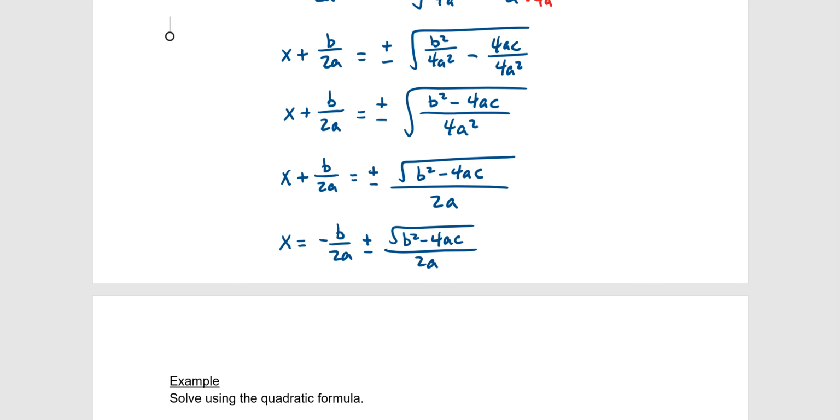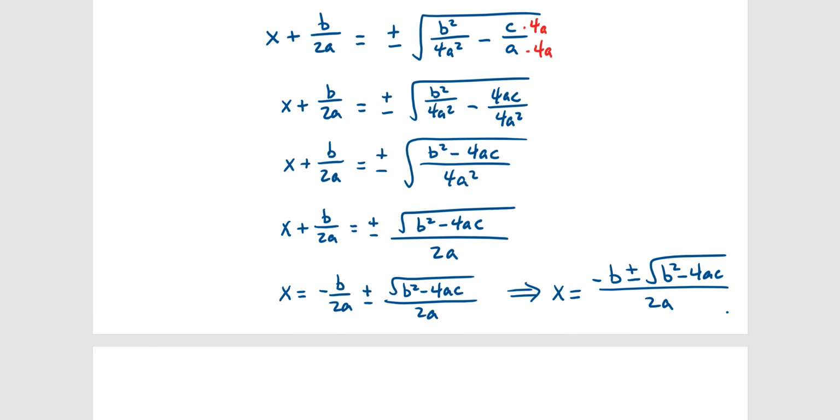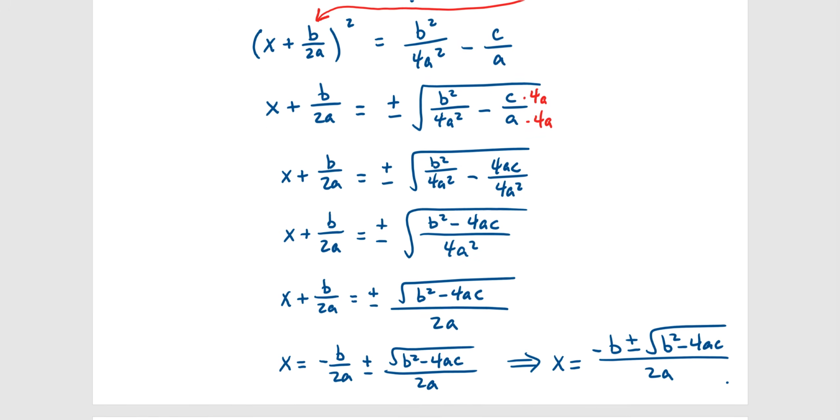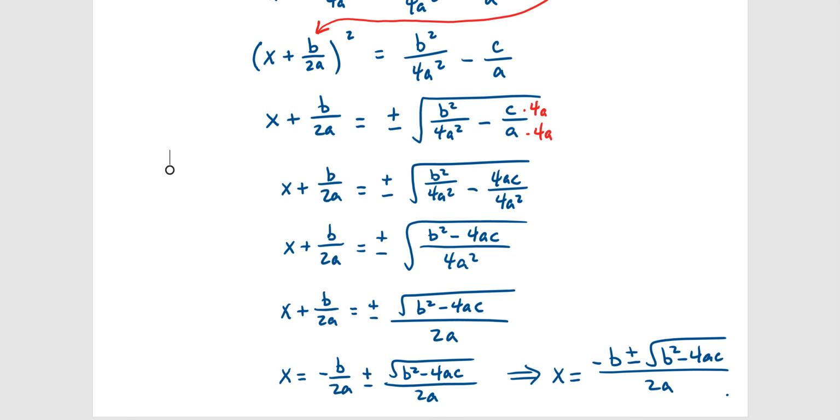And if we combine these into one big fraction because they already have common denominators, we get negative b plus or minus the square root of b squared minus 4ac, all divided by 2a, which is the quadratic formula. Okay, so this is where the quadratic formula comes from. It's the derivation of it by completing the square on ax squared plus bx plus c.